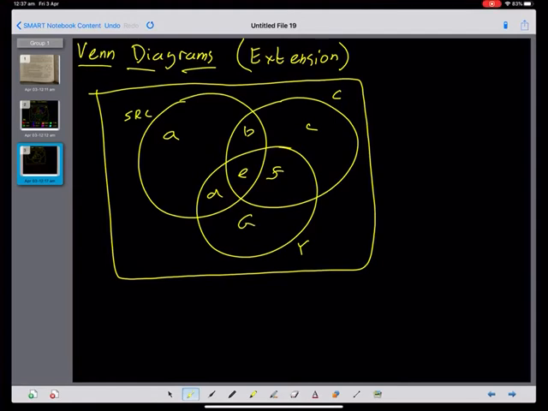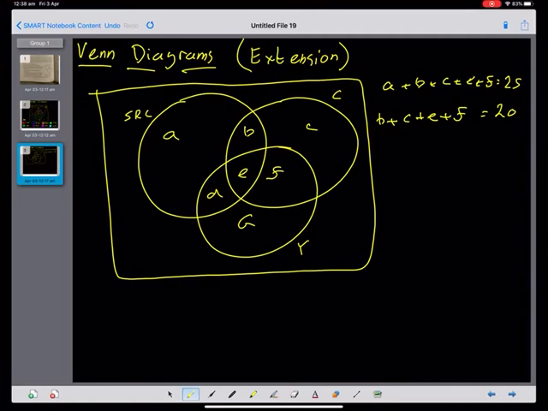Okay, so we're given some information. We are told that the SRC has 25 members. So we know that A plus B plus C plus E plus F is equal to 25. We are told that chess club has 20 members. So we know that B plus C plus E plus F is equal to 20.